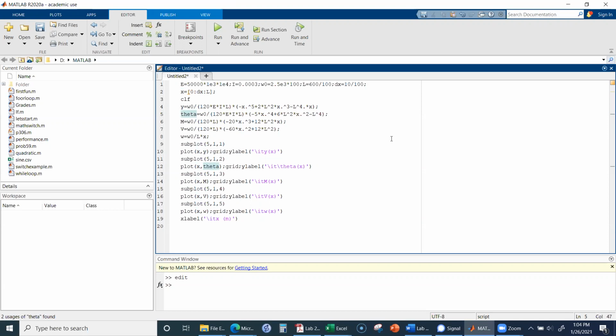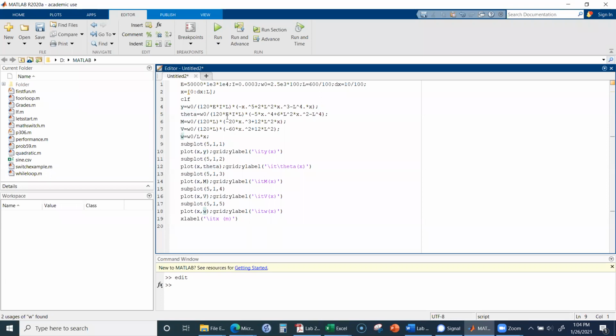That is the slope. I'm saying it wrong. So y is the equation for the deflection. Theta is the equation for the slope. M is for the bending moment. V is for the shear force, and W is for the load.